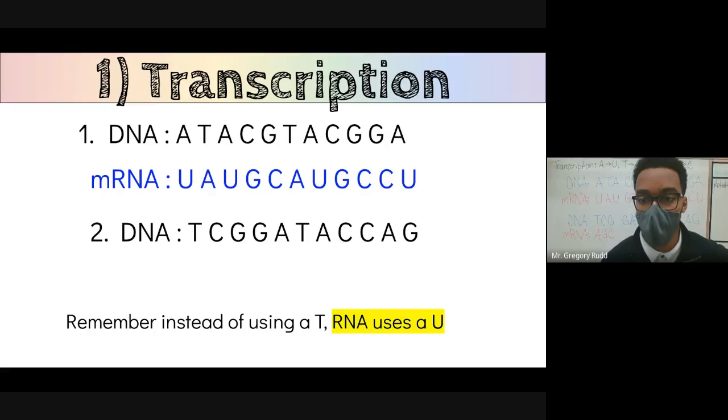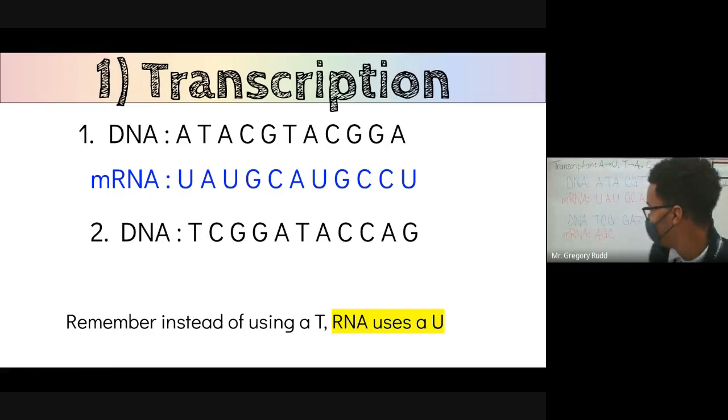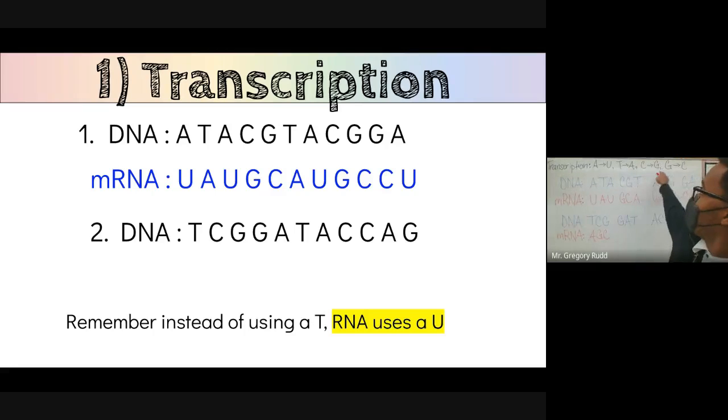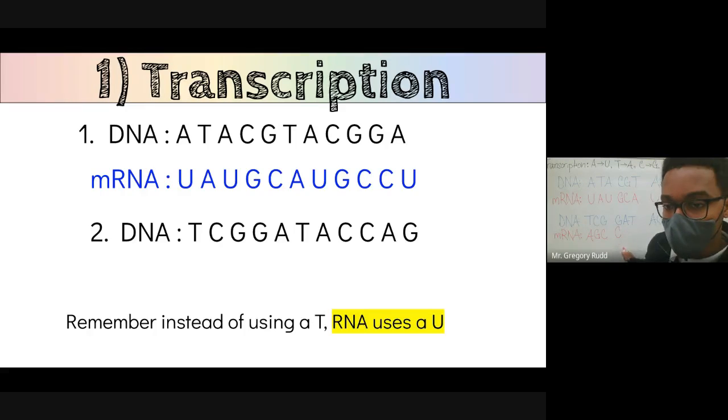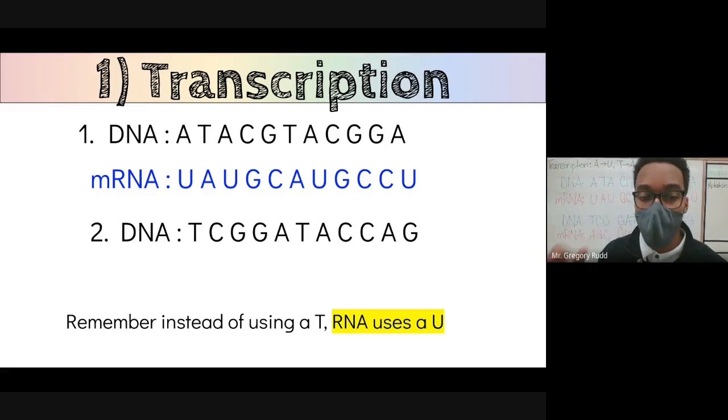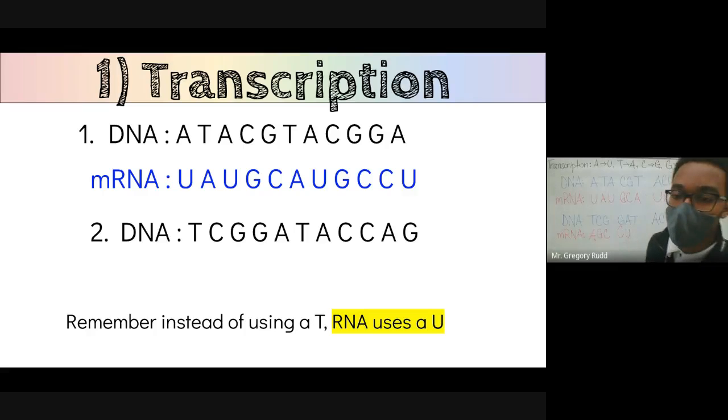No, G does not become U. G does not become T. G does not become A. Guys, can you see the top of the board? Yeah. G becomes C. Thank you, Gloria. And then what comes after that? What does A become? There are no T's here. We only have U's. This is RNA now. Look at the screen. RNA uses a U instead of a T. What does T become? Thank you. A.